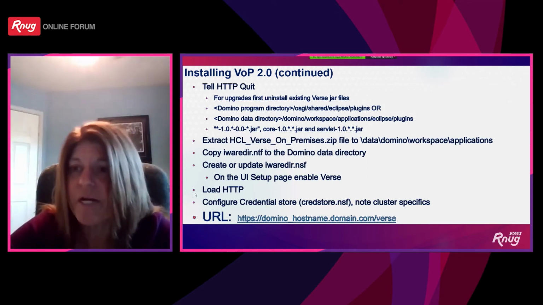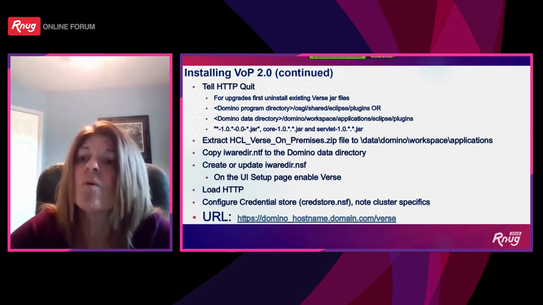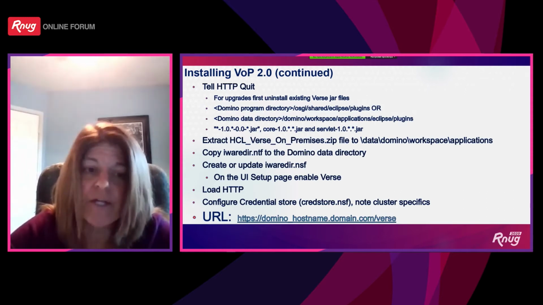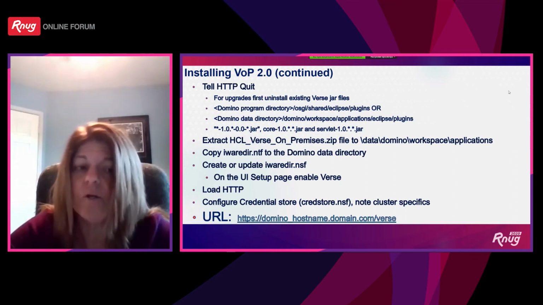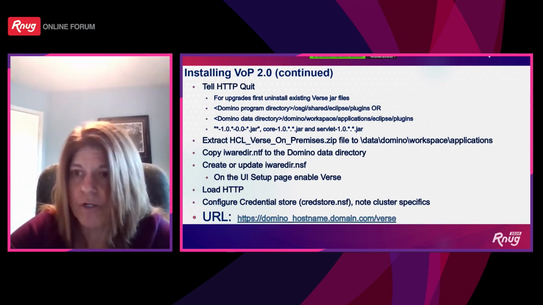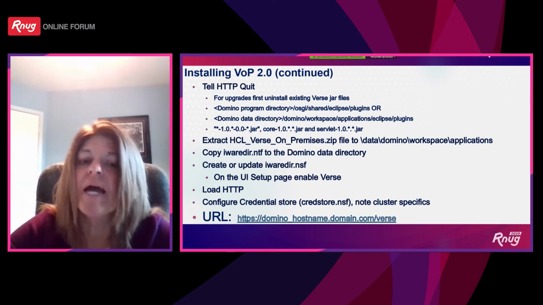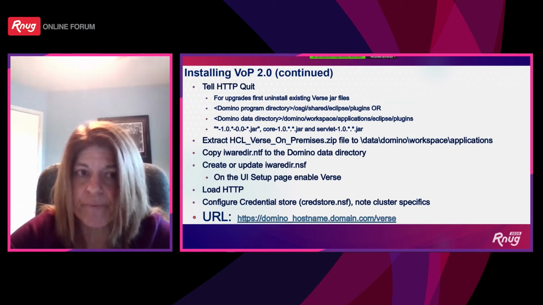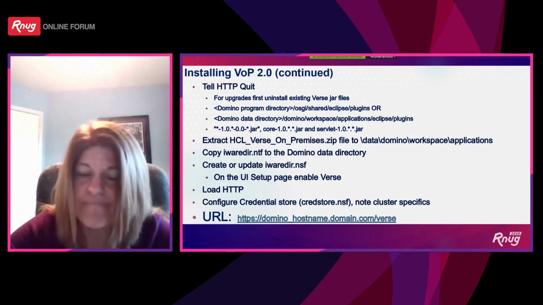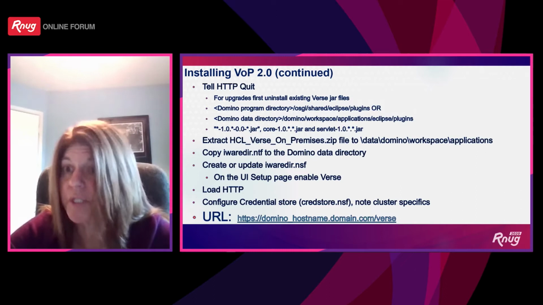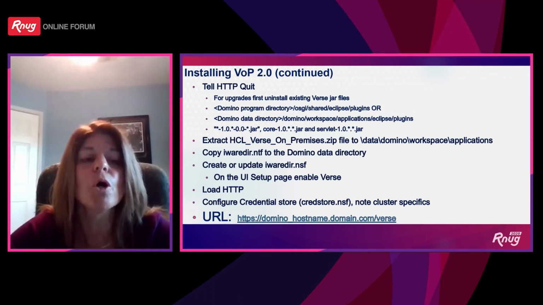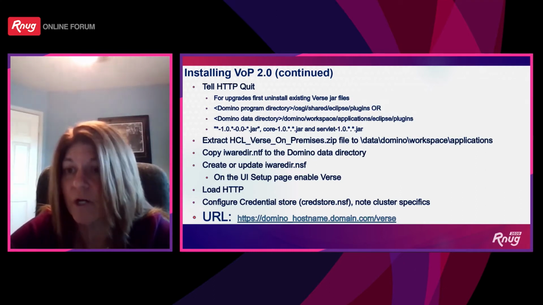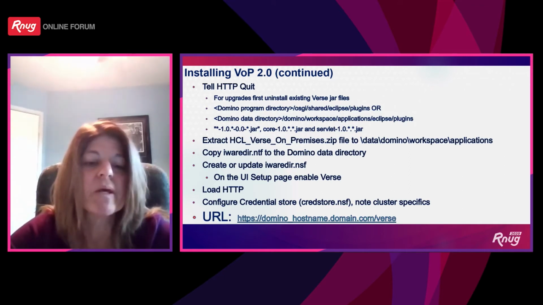But once you have that database either upgraded or now available, then you're going to open it. And on the UI setup page, you're going to modify it and enable Verse. At this point, the actual installation is complete. So you can go ahead and load HTTP on your Domino server at this point.